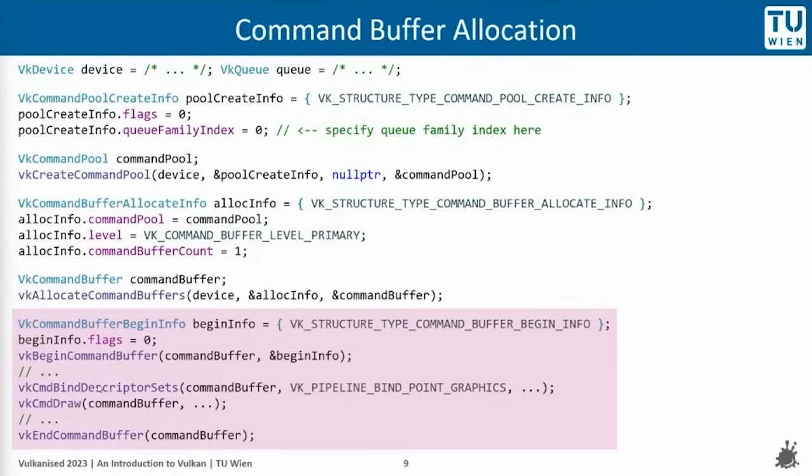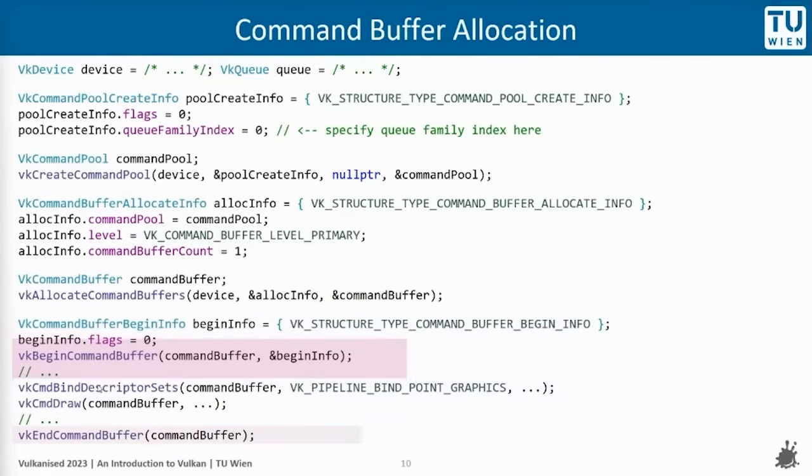So everything that starts with vk command can be recorded into a command buffer. This is the naming scheme in Vulkan. And within, we can bind descriptors, issue draw calls, and so on.